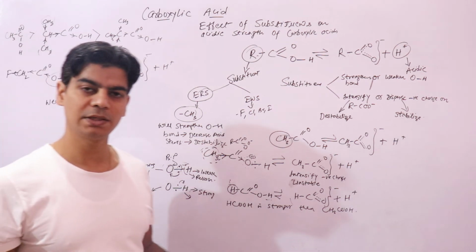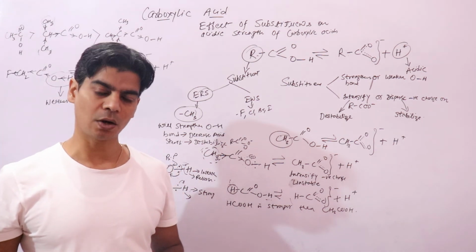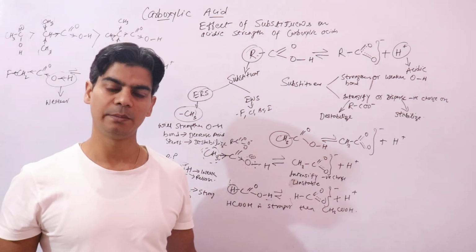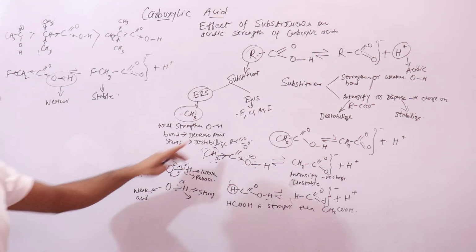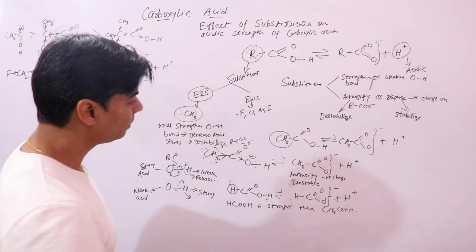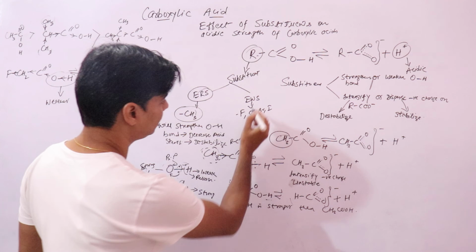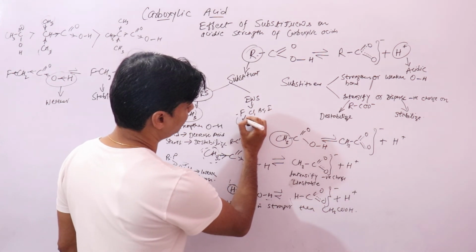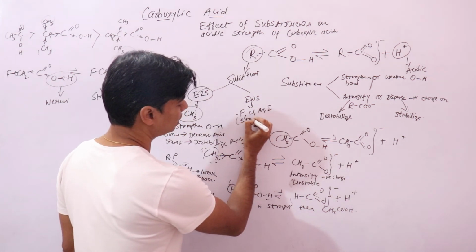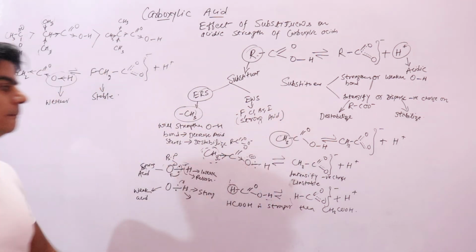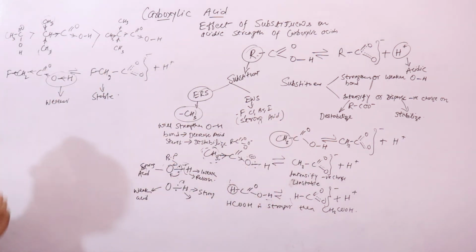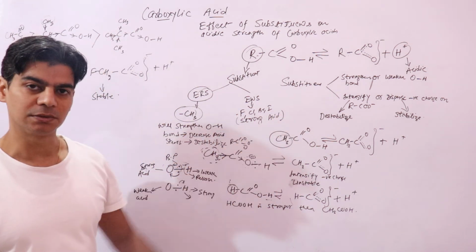When the release of hydrogen ions becomes easier, that means more hydrogen ions would be available in solution, so the acid would be a stronger acid. So the presence of an electron withdrawing substituent will make the acid a stronger acid, right?